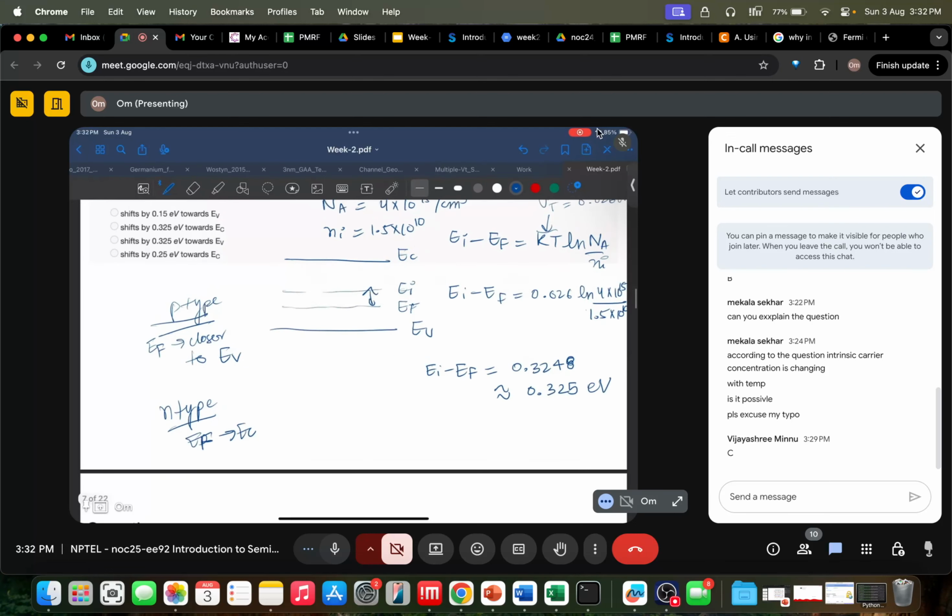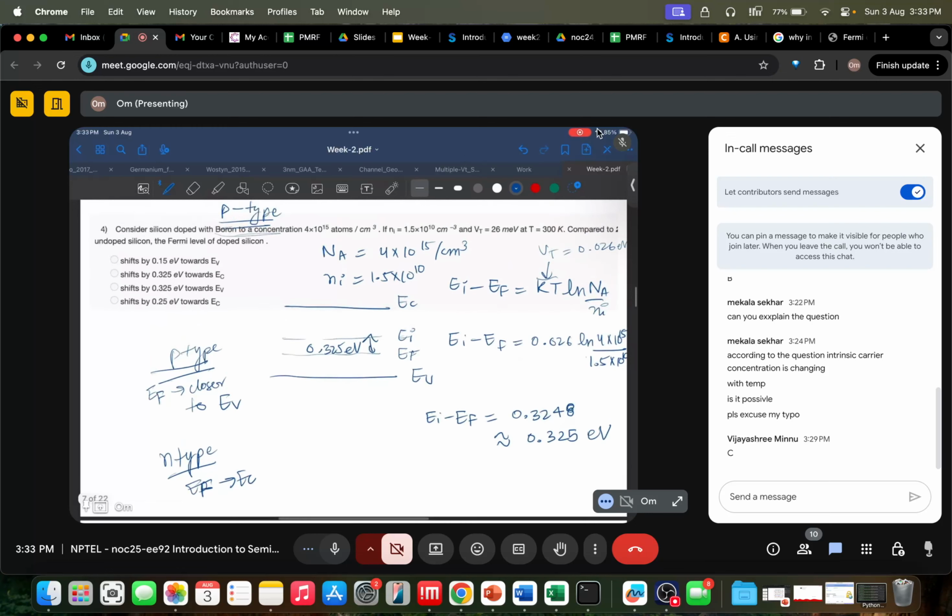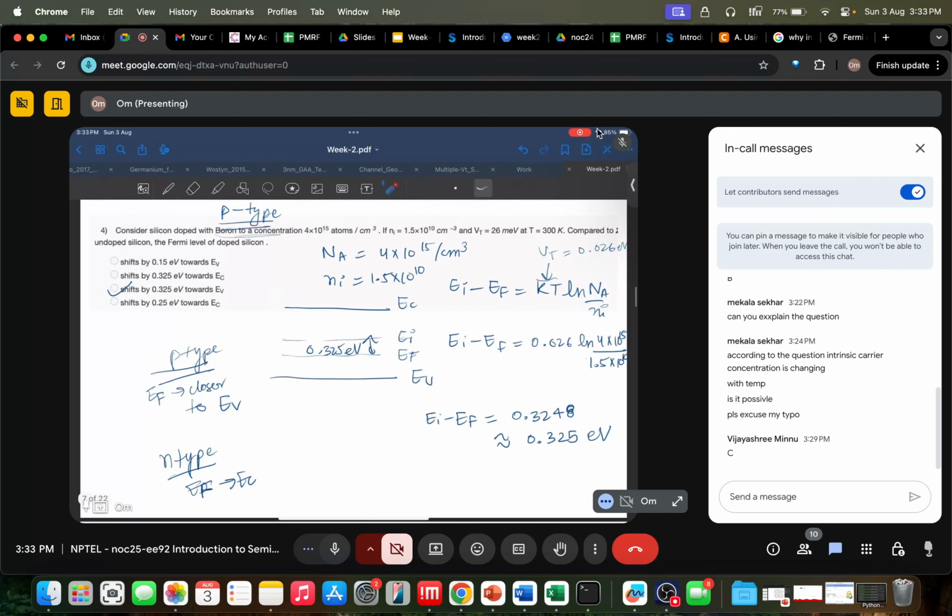So this value is 0.325 electron volt. So the answer will be option C. Ef shifts from Ei towards Ev, right? It shifts by 0.325 electron volts towards Ev.